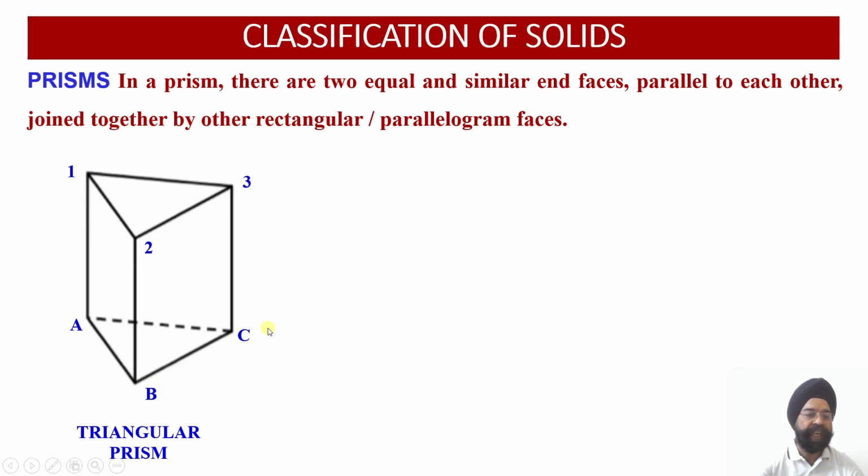If you are using ABC for one, you can use 1, 2, 3 for the other. Next, all the points of the base and top have to be joined first. Second, the corresponding vertical edges need to be joined in every case, irrespective of whether they are visible or not. If they are visible, they will be joined with object lines. If they are not visible, they will be joined with hidden lines.